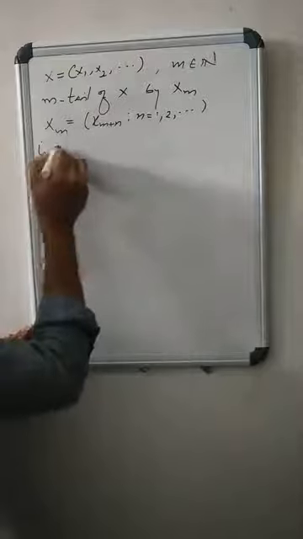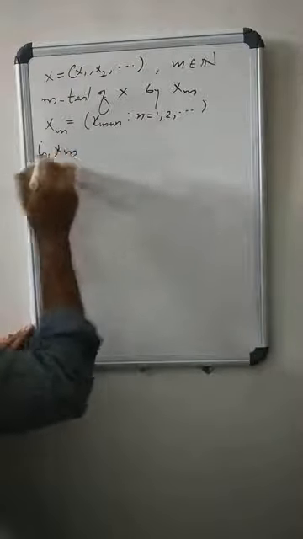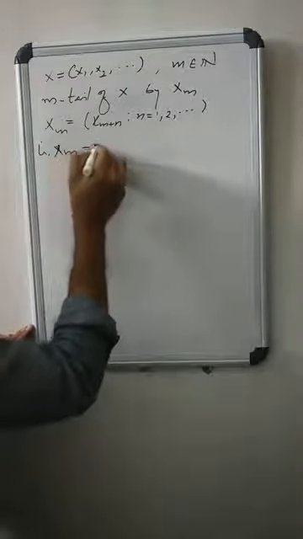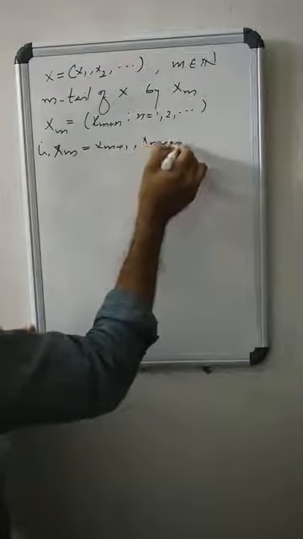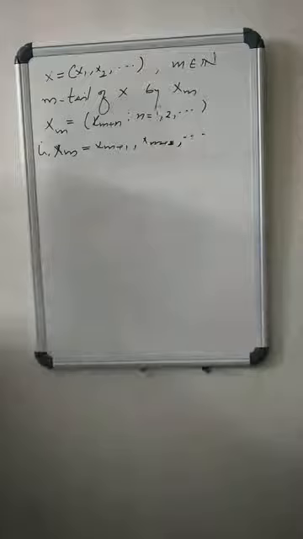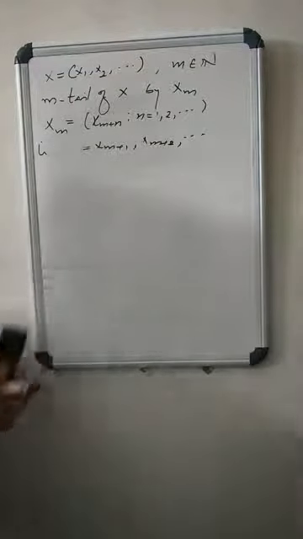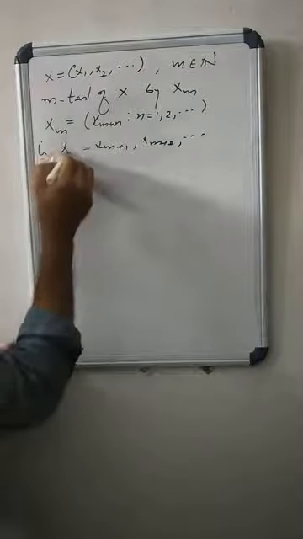That is, xm equals x(m+1), x(m+2), etc. This is the m-tail of the given sequence x.